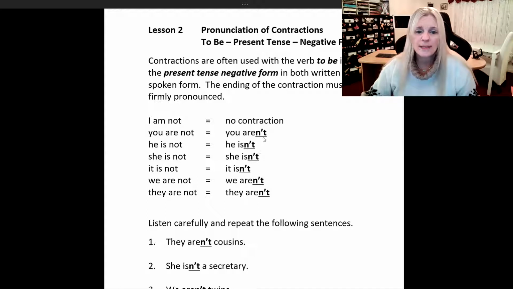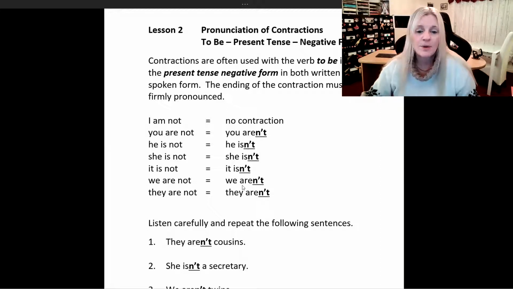You aren't. And he is not, we can say that, but we often say the contracted form. When we speak and when we write, we often use the contracted form. So we say, he isn't, she is not, or we can say, she isn't, it is not, it isn't, we are not, we aren't.